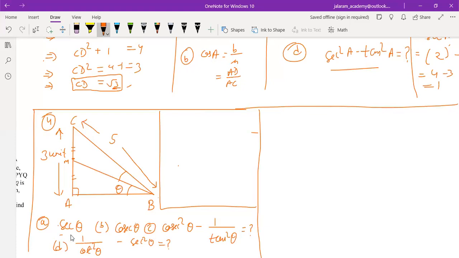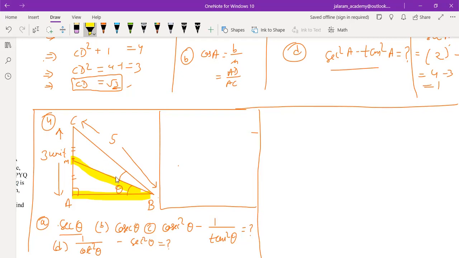So first of all, let's find sec theta. Sec theta is the ratio of what? This is the ratio of hypotenuse upon base. Now hypotenuse is BM, base is AB. So the ratio is BM upon AB.